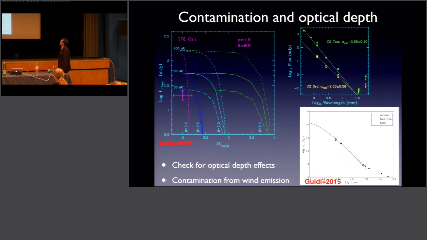This is actually an old thing, but it is important to keep in mind that when we try to measure the beta index at millimeter wavelengths, as I said yesterday, essentially we assume that the disk is optically thin at millimeter wavelengths, and if it is optically thin, then the spectral energy distribution is directly related to this beta index, okay?